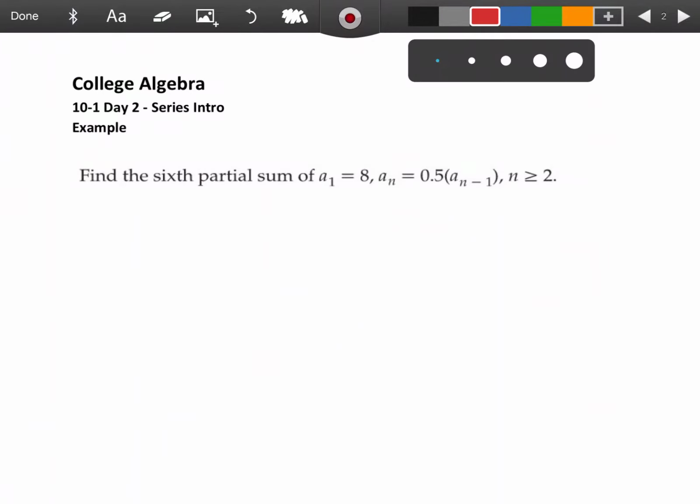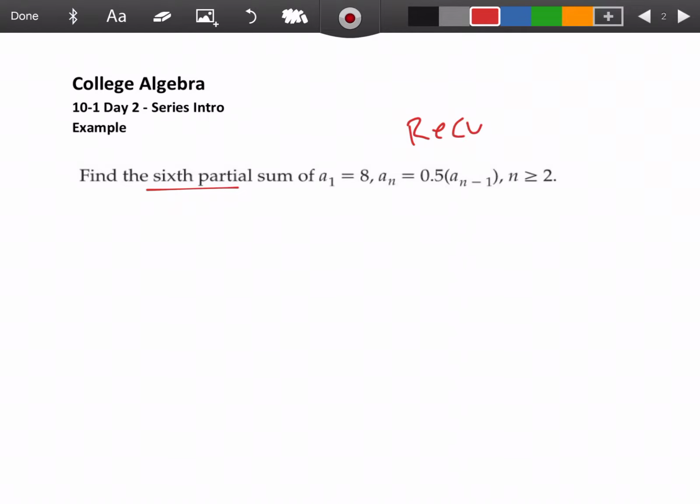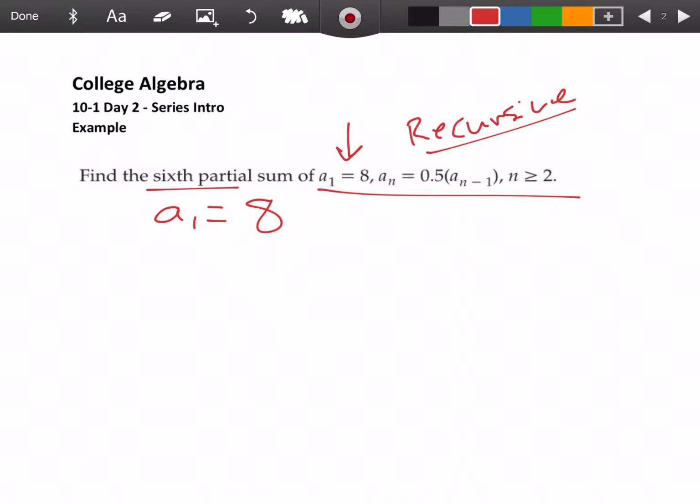So our second example would be finding the 6th partial sum. Now this is a recursive formula here. Okay, so we have a1. They already told us what a1 is, and we need that in order to do a recursive. And then we're basically just multiplying 0.5 by the one before it.